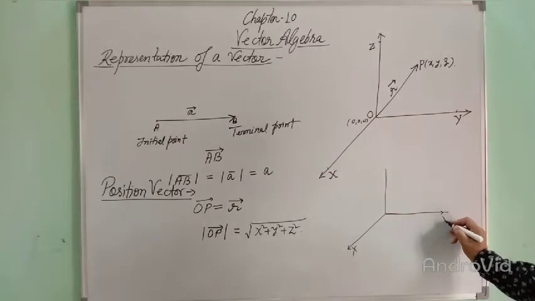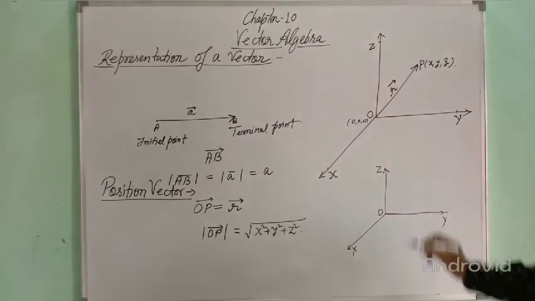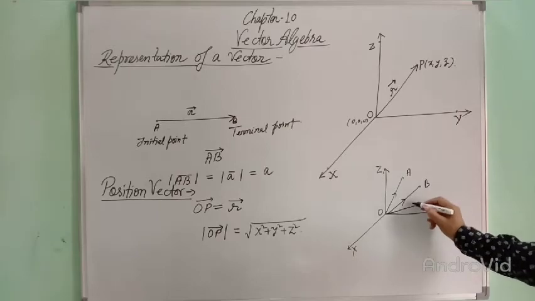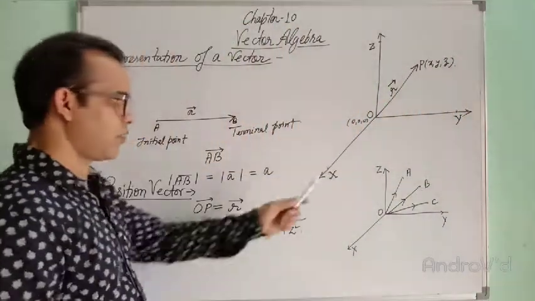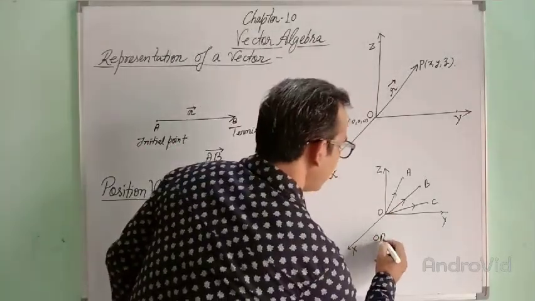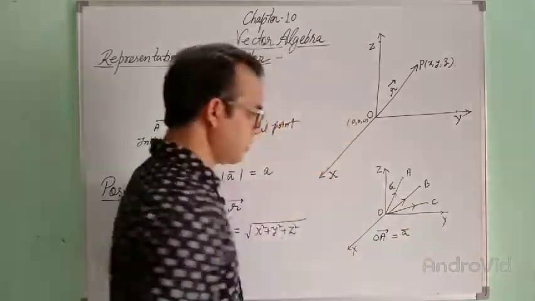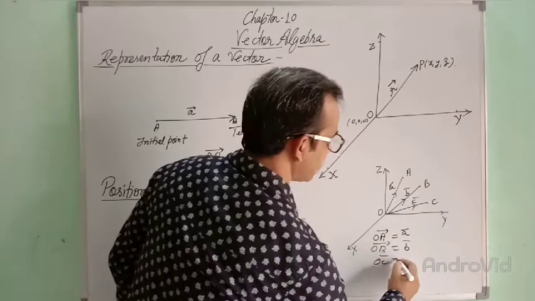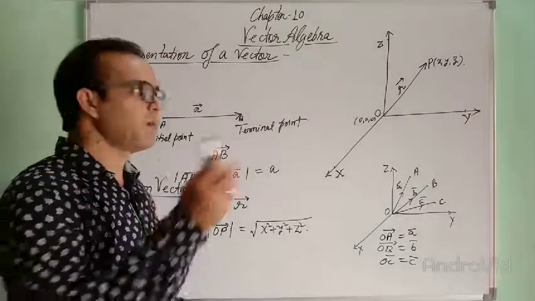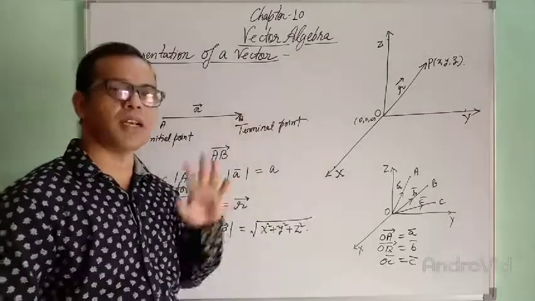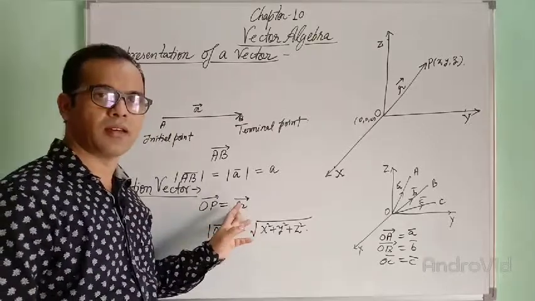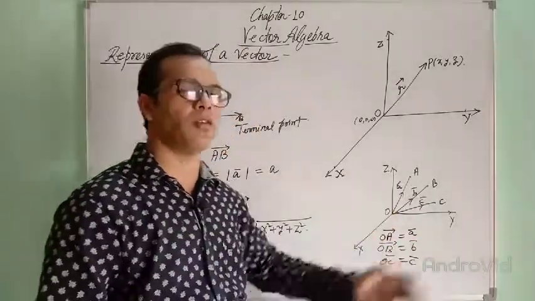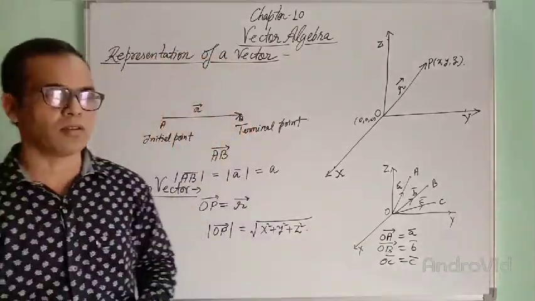Suppose this is the x-axis, this is the y-axis, this is the z-axis, this is the origin, and the three points are A, B, C. Then join O to A, O to B, O to C. Then the position vector of A with respect to origin O will be vector OA, and it can be written as small vector a. And vector OB will be vector b, and this is vector c. So the position vector of point P with respect to origin O is represented as vector OP or simply small vector r. In the same way, if there are several points A, B and C, then their position vectors will be represented as vector OA equal to small vector a, vector OB equal to small vector b, and vector OC equal to small vector c.